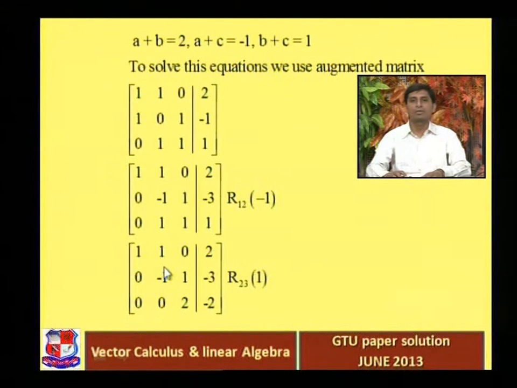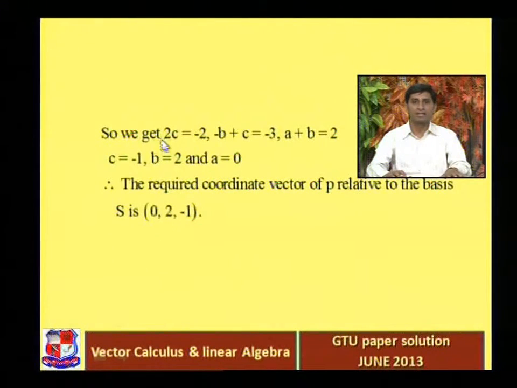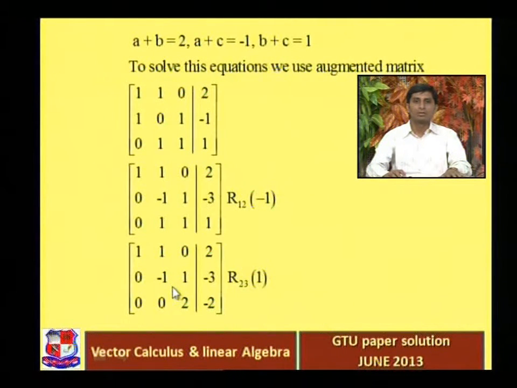So now we can easily solve these three equations. From the first row we have the equation a plus b is equal to 2, right? From the second row we have minus b plus c is equal to minus 3, correct.